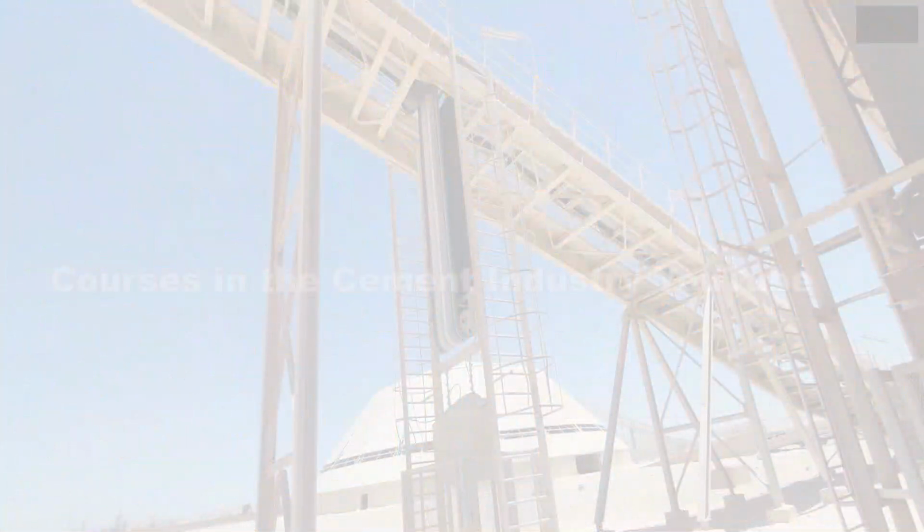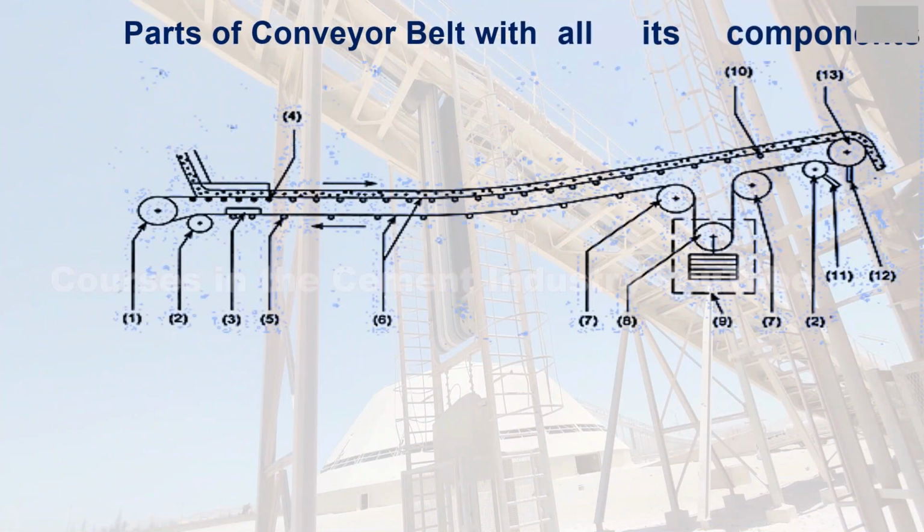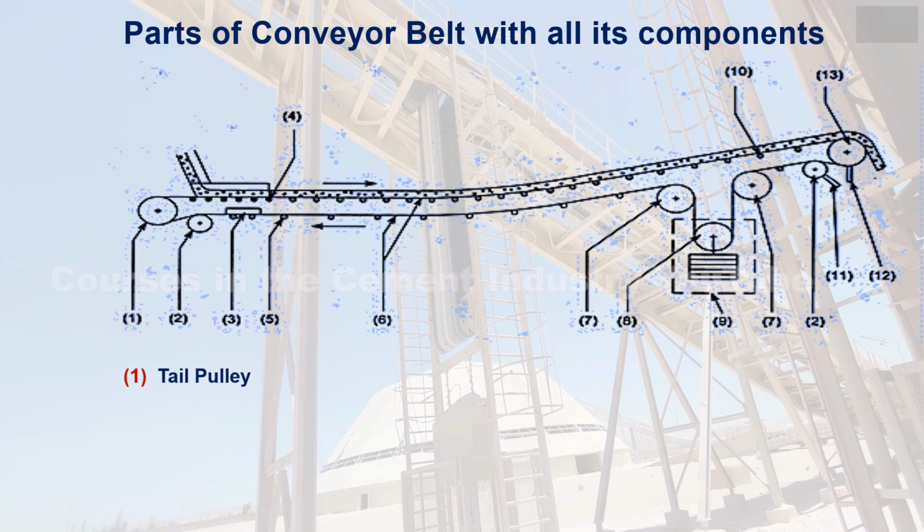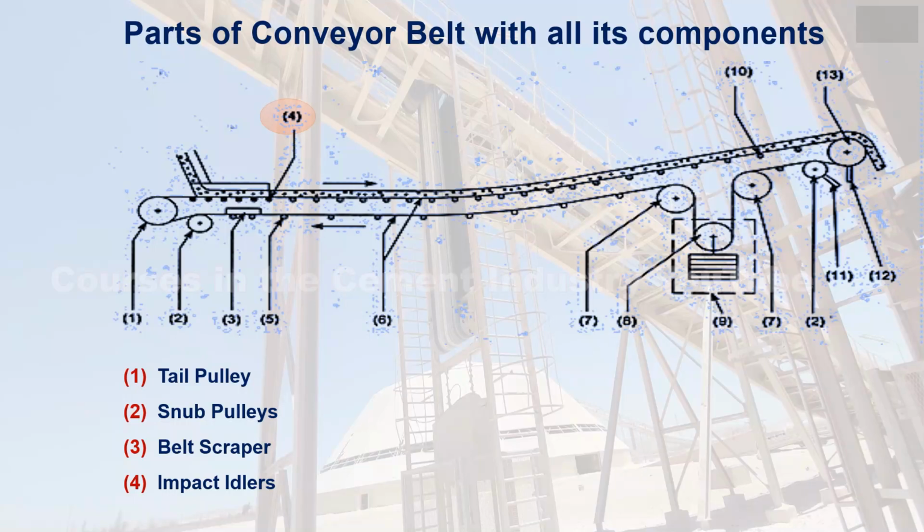At first you will review together the parts of the conveyor belt, with all its components. 1. Tail pulley. 2. Snub pulleys. 3. Belt scraper. 4. Impact idlers. 5. Return idlers. 6. Belt. 7.